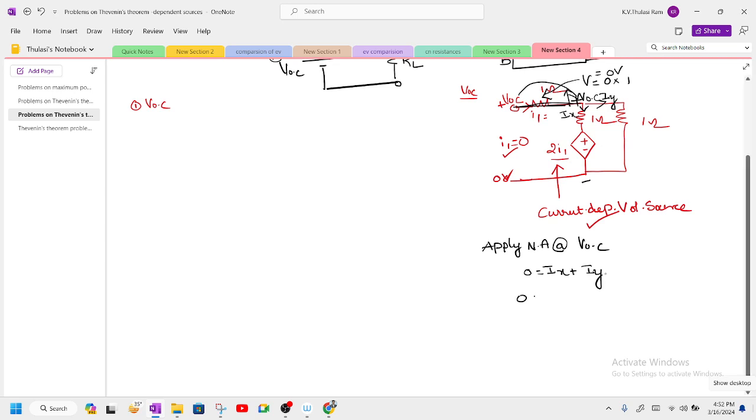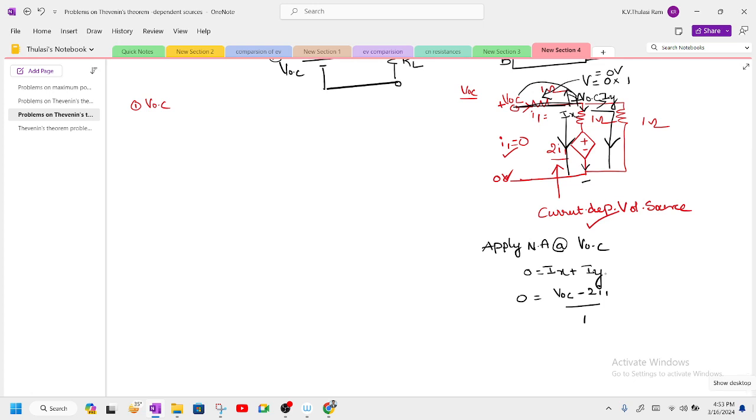That is equal to, so how to write down this current Ix? I can write this as VOC, with the current leaving, minus 2 into I1, divided by R. What is the resistance of this branch? 1 ohm. This is the current I am writing.